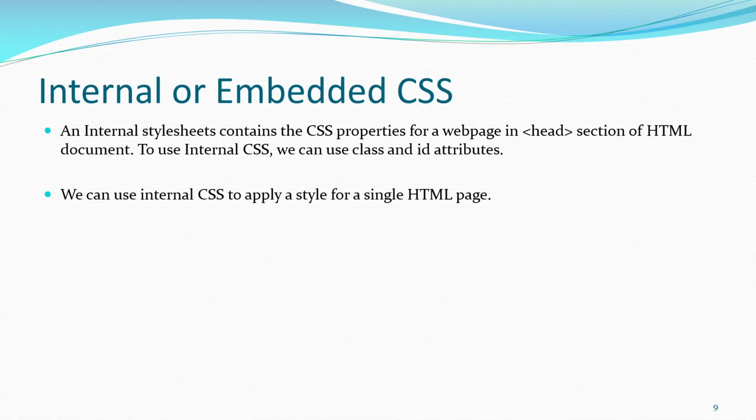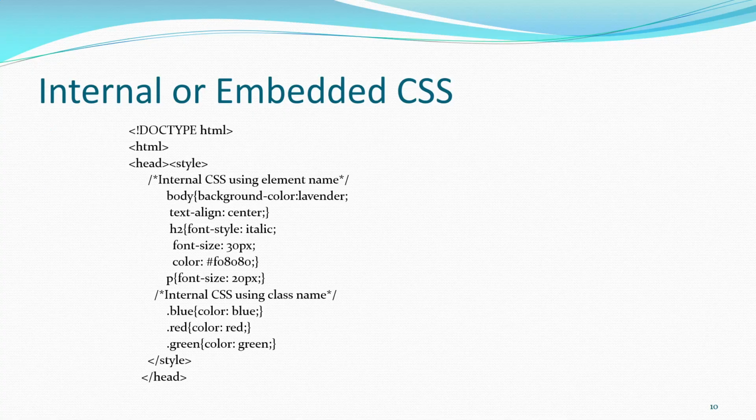So, as I went through, the internal is up at the start in the header section, and we basically embed the style in the header. So we start the head section, then define the style tag, and then we have all of our elements that we want to apply to the page.